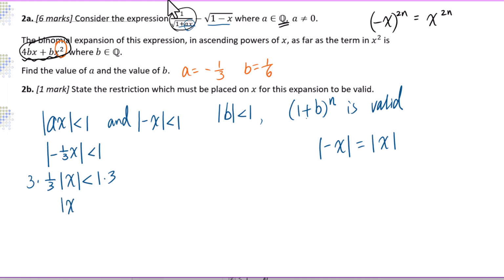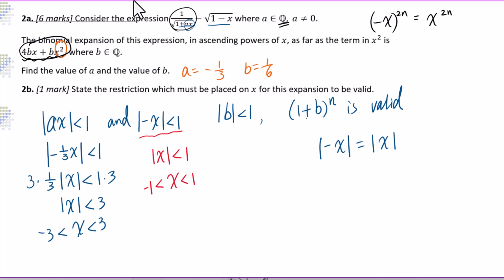Absolute value of x less than 3. So x is greater than negative 3 and less than 3. For the second inequality, we know the absolute value of x is less than 1. So x is greater than negative 1 and less than 1.